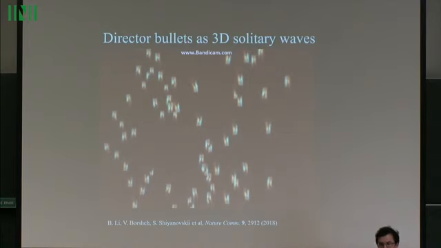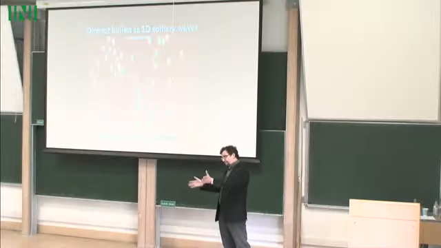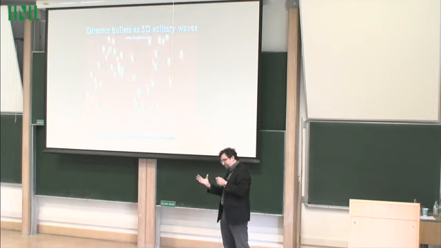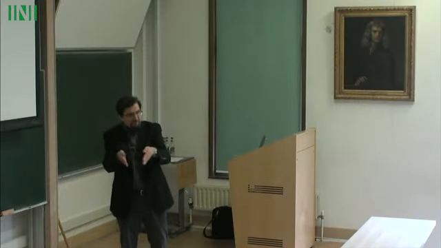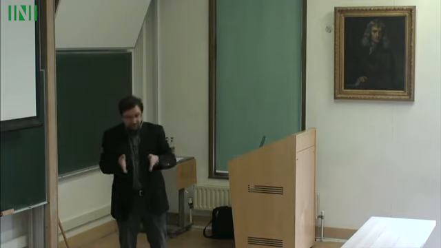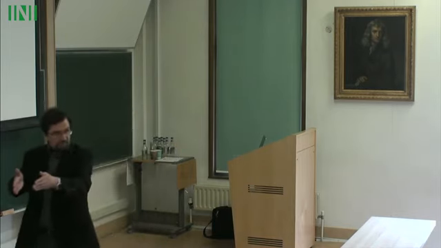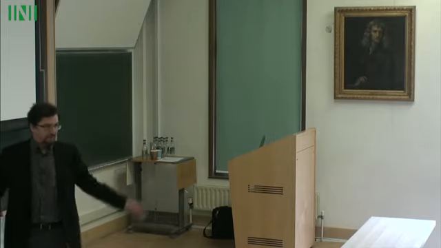You need to have some nonlinear mechanism that would bring it back together. For example, in the pneumaticons, normally you would have the light beam diffract, but since the electric field inside the light beam can realign the director, this realignment can focus, through the anisotropy of refractive indices, the light beam back into the thing. And if the two completely compensate each other, then you would have a propagating beam that is straight and does not disperse.